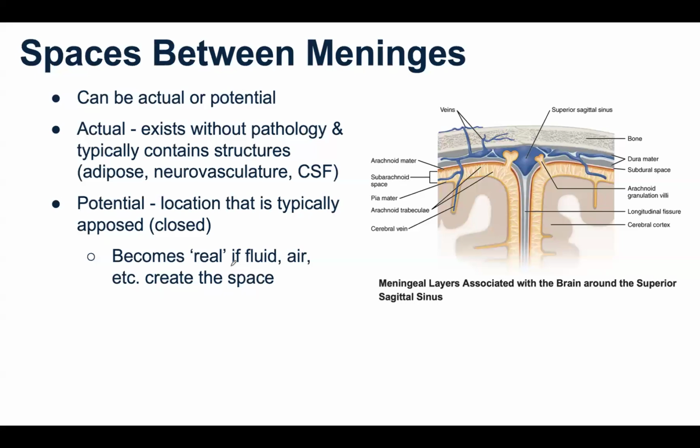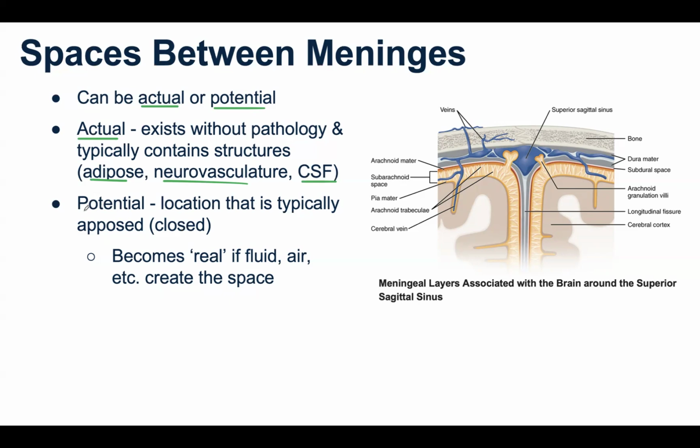All right, let's talk a bit about the spaces that do or can exist between the meninges. These can be considered either actual or potential spaces. An actual space, sometimes you just hear us refer to this as a real space, is naturally occurring, sometimes observable. It will often have contents within it, so adipose could be within there, neurovasculature, CSF.